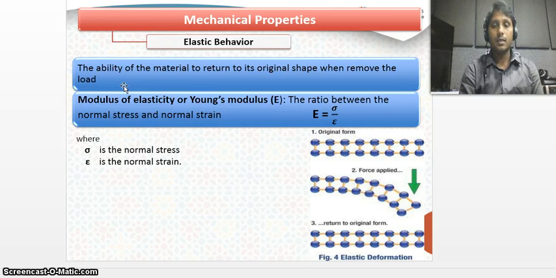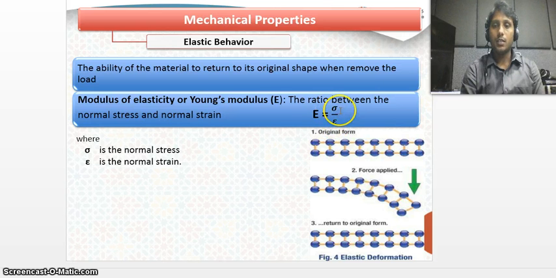This is elastic behavior. Here you have to remember the modulus of elasticity, or Young's modulus. It is denoted by capital E. What is modulus of elasticity? The ratio between the normal stress and normal strain. Capital E, Young's modulus or modulus of elasticity, is equal to sigma by epsilon.